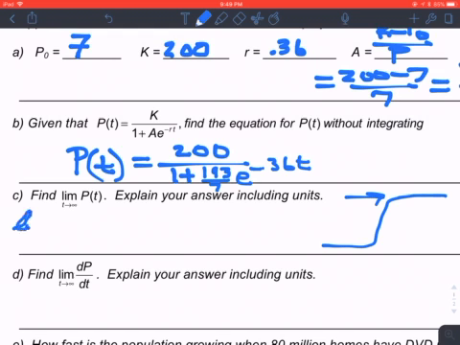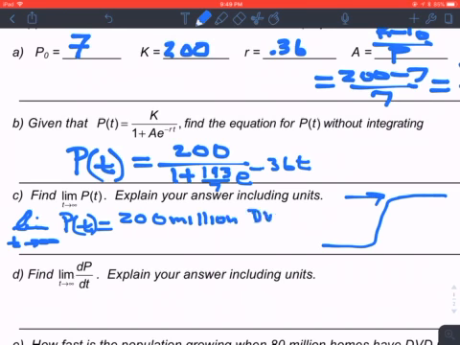So we would say the limit as t approaches infinity of P of t is going to equal 200, because that's your carrying capacity, but we've got to include units. It always approaches its carrying capacity, and that's going to be million DVD players. Okay?